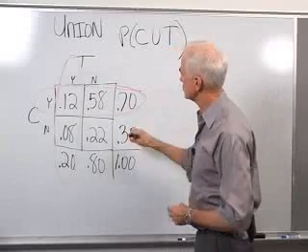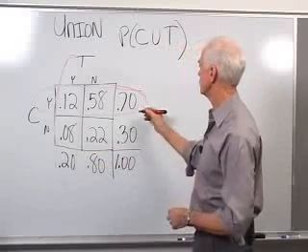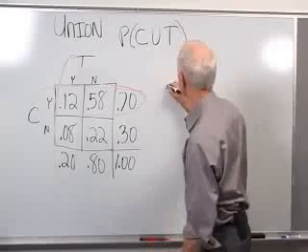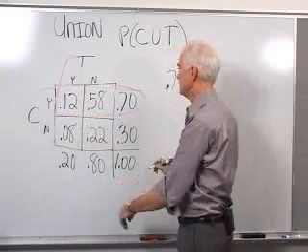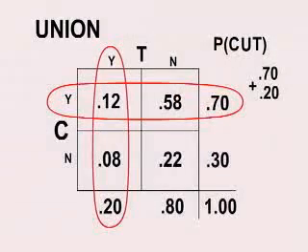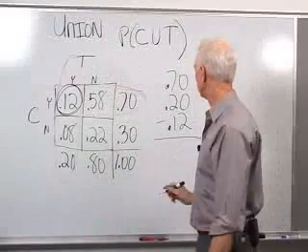We can take the totals of the two marginal probabilities, that is, the row total for credit cards, which is 0.70, representing all these yes cells. We can take the total for the first column for transportation users, which is 0.20, noting that the 0.12 was included in each. We can subtract it out once so that we have a corrected probability.